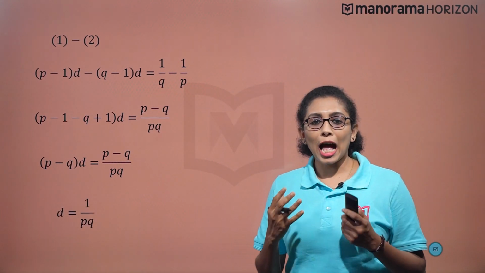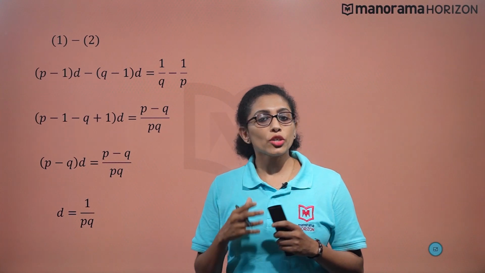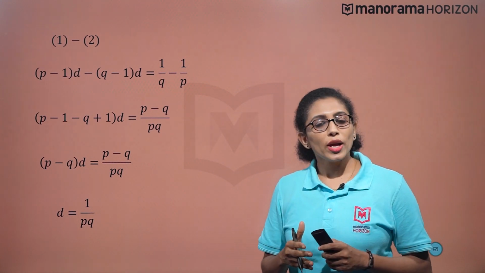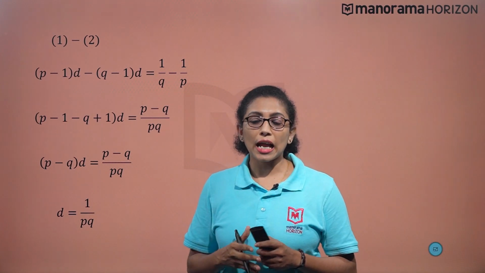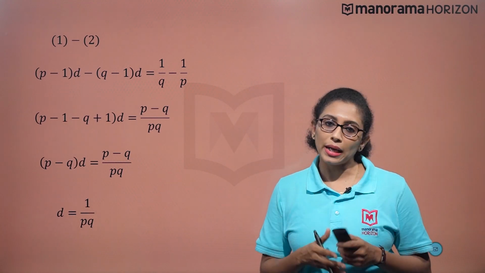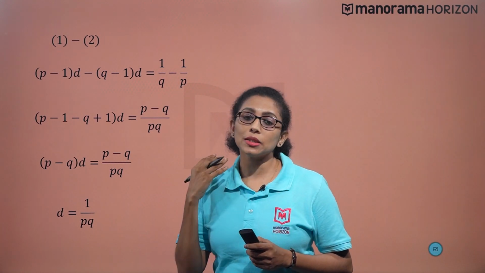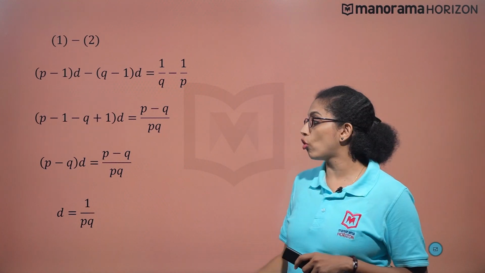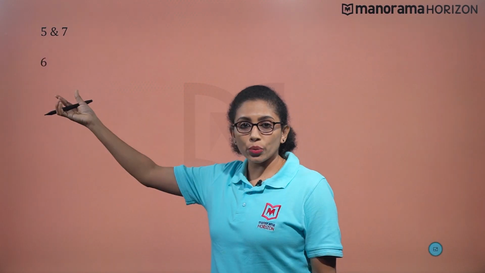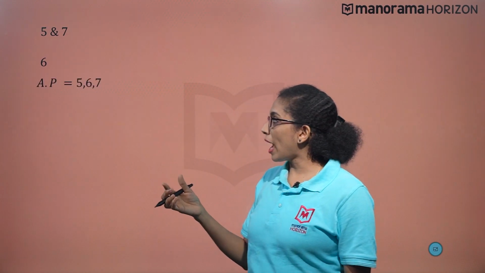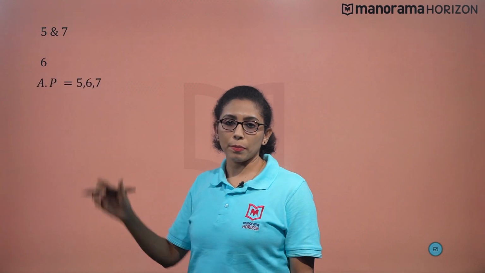So far, we have been discussing the basic properties of arithmetic progression. Now, it's time for us to understand what an arithmetic mean is. We will also see how the concept of arithmetic mean can be applied in the formation of an AP. Suppose the two numbers 5 and 7 are given, and we can insert a number 6 between them so that 5, 6, 7 is an AP.